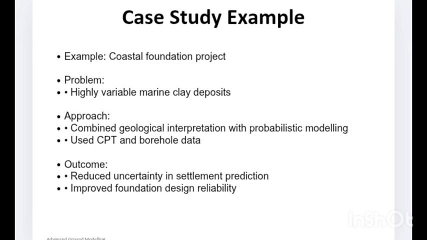Now, one of the lessons one could learn from this particular project is the importance of having adequate investigation. You can't just use one method. This combined method really helps here, and it also helps in understanding variability.